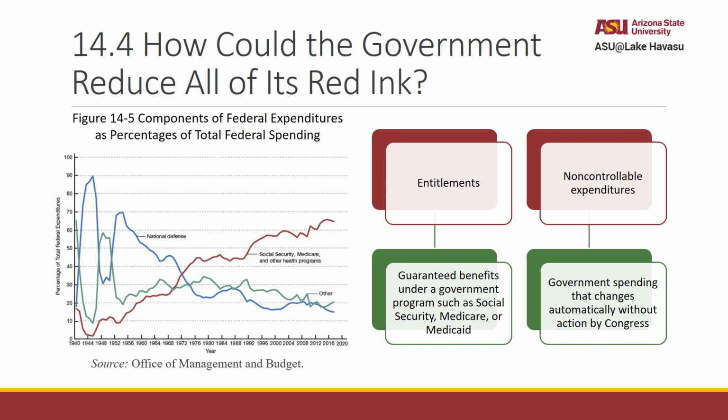Now have a look at Figure 14.5, which shows the components of federal expenditures as a percentage of total federal spending. Although military spending as a percentage of total federal spending has risen and fallen with changing national defense concerns, national defense expenditure as a percentage of total spending has generally trended downward since the 1950s.